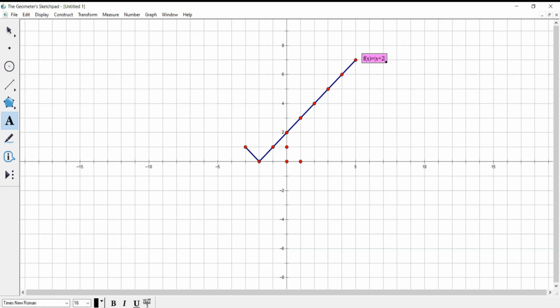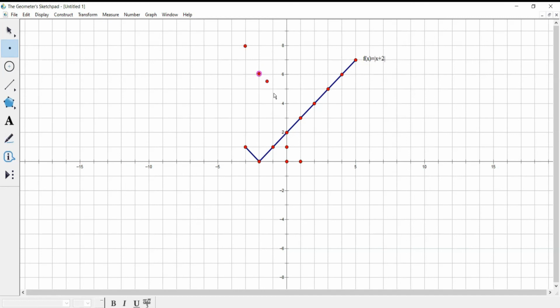For g of x, the points were -3, 8. Just gonna use a pencil and do it. -3, 8 is here. Sorry, then we have -2, 6.